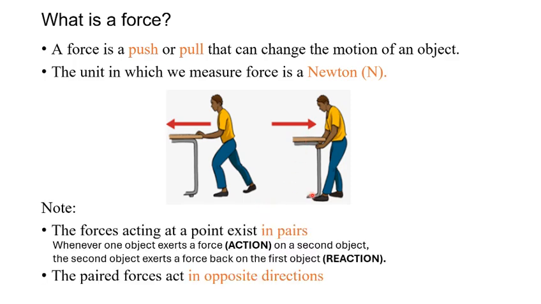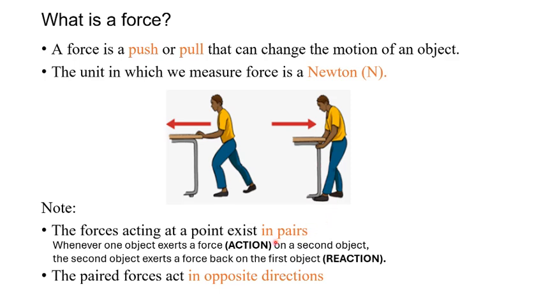There are two things that I want you to note from the diagram. Forces always act in pairs, meaning if a man is pushing a desk, we also say that the desk is pushing against the man. If the man is pulling a desk, the desk is also pulling against the man with a particular force as well.